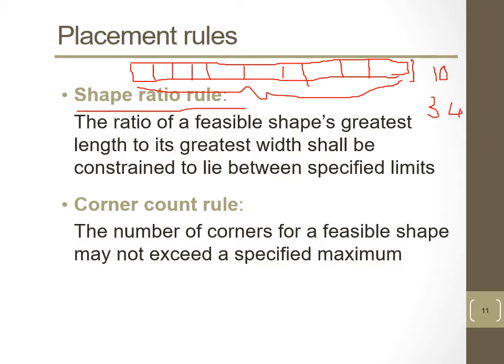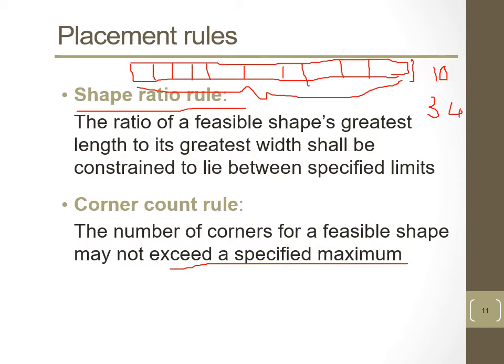Another one, again a practical one, which maybe can still be considered a feasible department but will not be realistic, is the corner count rule. It says that the number of corners of a feasible shape may not exceed a specified maximum.